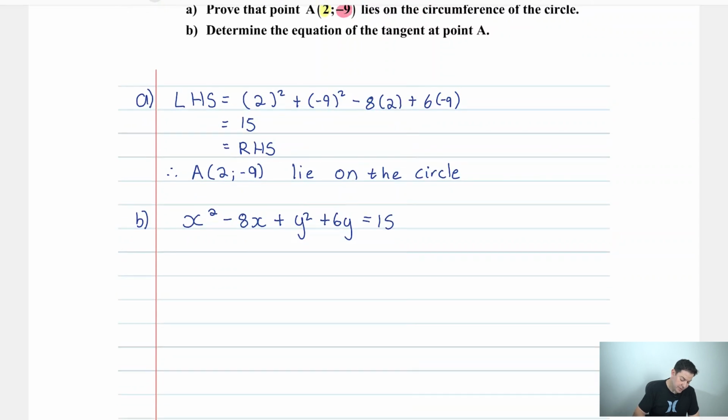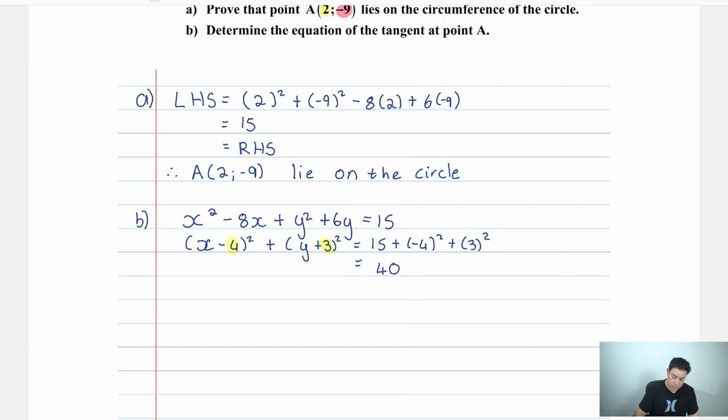If you've watched the previous videos, you should be quite comfortable with this by now: this is (x minus 4), or half the coefficient of x, all squared, plus (y plus 3), half the coefficient of 6 is 3, all squared, is equal to 15 plus (-4) all squared plus 3 all squared, and that is going to equal 40. So now we have the equation in standard form, and we know that our circle centre is going to be at positive 4 and negative 3.